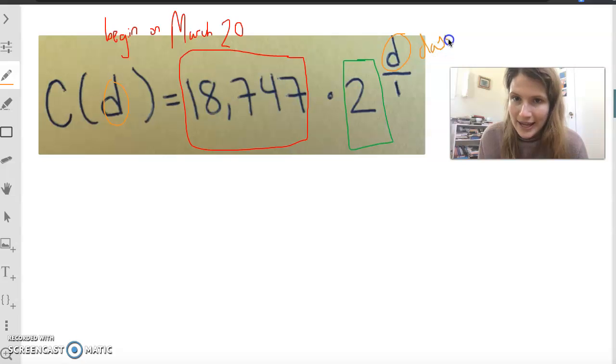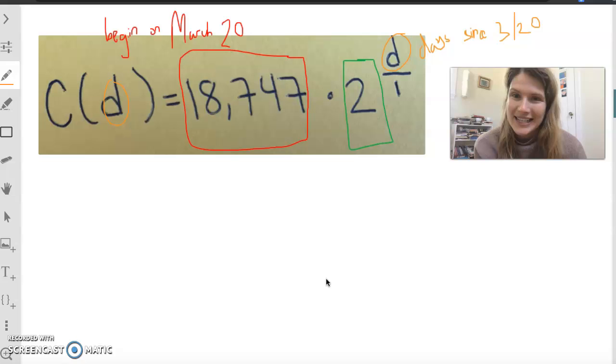That's the input into the function: how many days it's been since the beginning. In this case, our beginning was March 20th, so I'll annotate this as days since 3/20. Sorry for my handwriting.